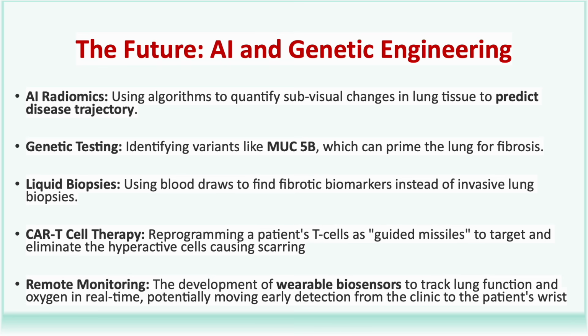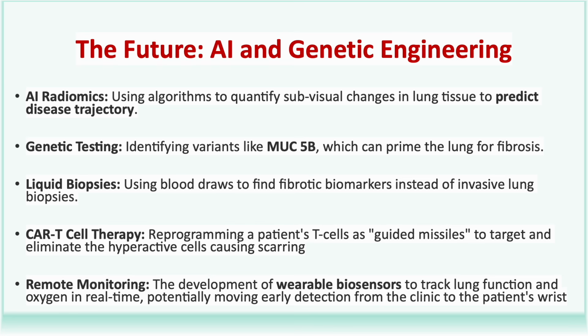With that, the last section, the future. It's mentioned in one of the tables, and this is really intriguing and exciting. They mention the use of AI in predicting disease trajectory. They've mentioned how MUC5B genetic variants can be targeted. They've mentioned liquid biopsies where blood draws can help us find fibrotic biomarkers instead of doing a lung biopsy.